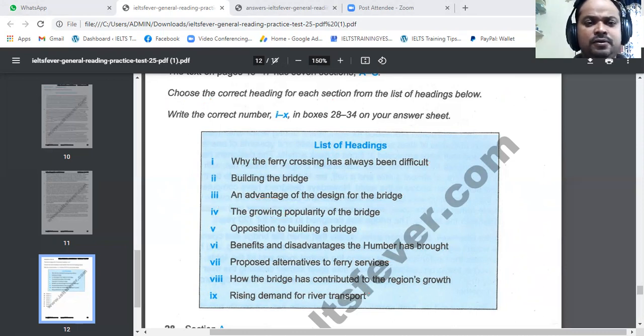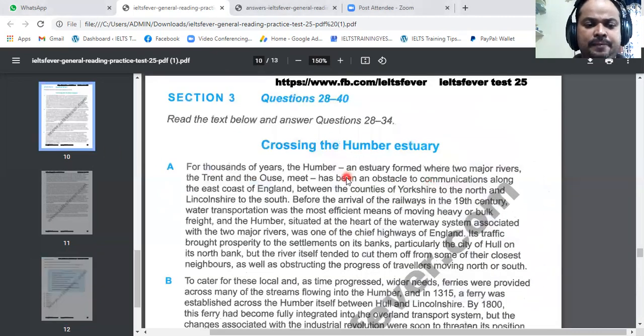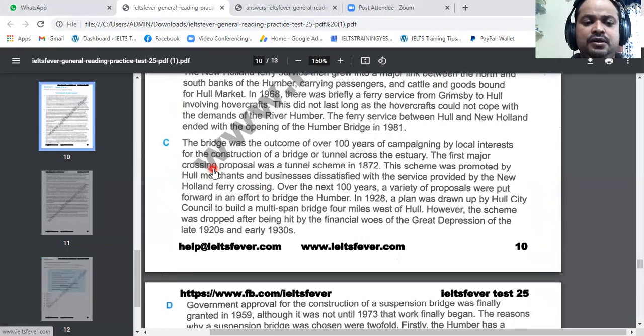Go with one more. The bridge was the outcome of over 100 years of campaigning by local interests for construction of a bridge or tunnel across the ferry. The first major crossing proposal was promoted by Hull merchants dissatisfied with the ferry.